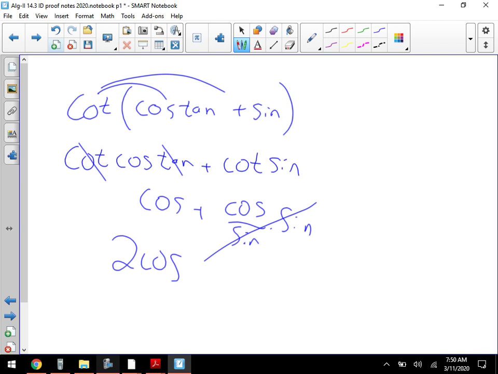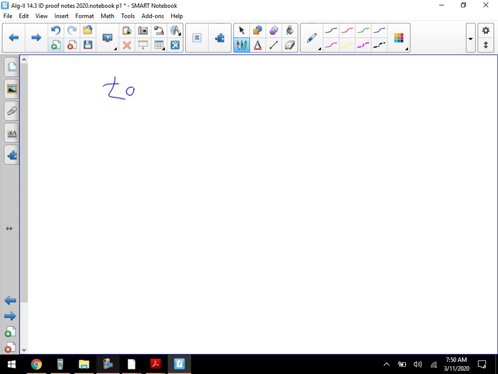Number 43, there's a couple of different ways you can go about it. Some people have tried to rewrite the secant plus 1 in terms of sine and cosine, get a common denominator, and do a complex fraction. But what's tangent squared? Secant squared minus 1.